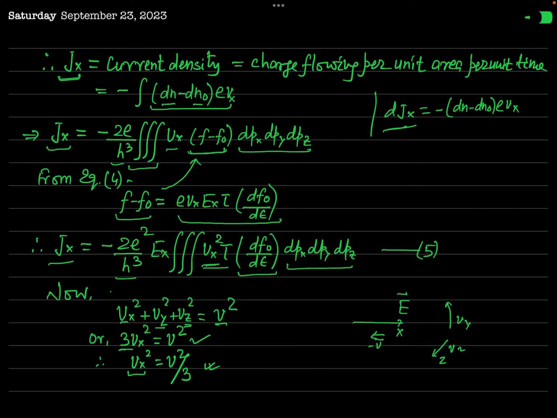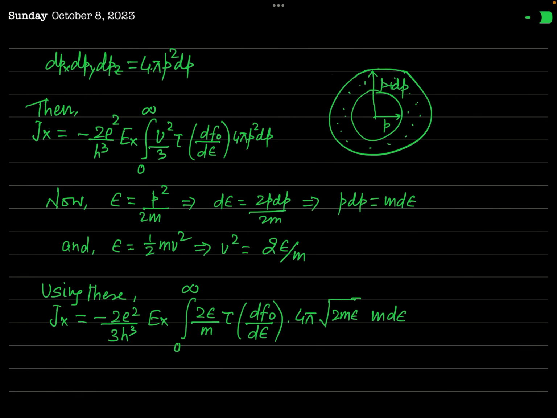Okay. Now again see, this volume element dpx, dpy, dpz in momentum space can be expressed in terms of only one variable p. You know what is this dpx, dpy, dpz? This elementary volume in momentum space is simply the volume enclosed between two concentric spheres of radii p and p plus dp in momentum space.